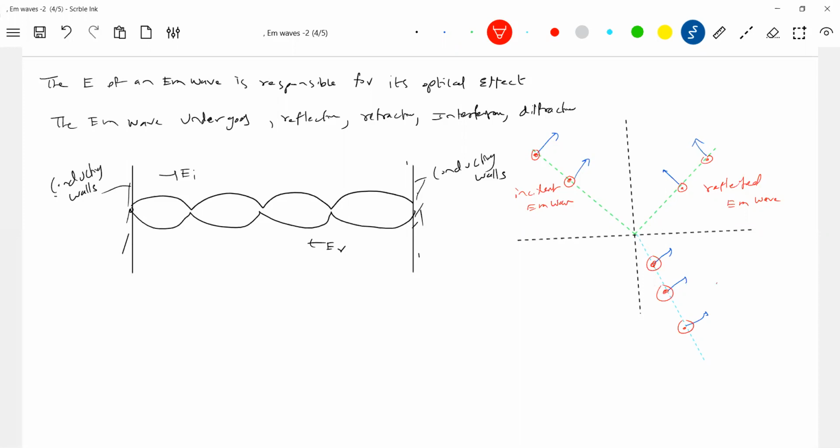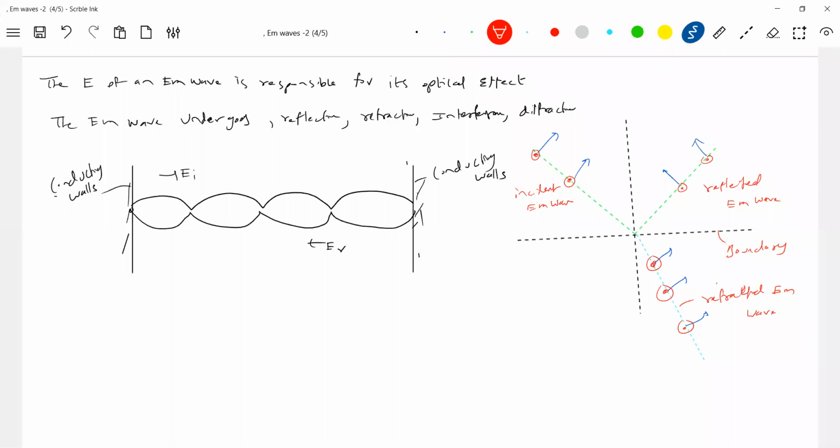This is refracted. And if you look at the energy, this E bar vector should be slightly less, since a part of the energy will be reflected and a part will be refracted here. So there's a boundary, the same as what you studied, and you can apply that to the EM wave here.